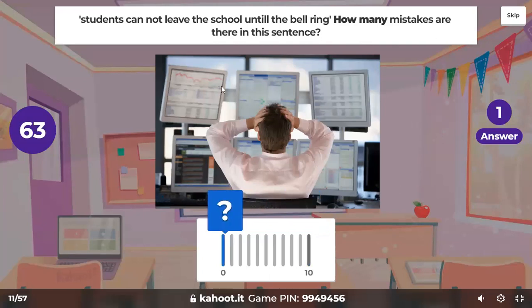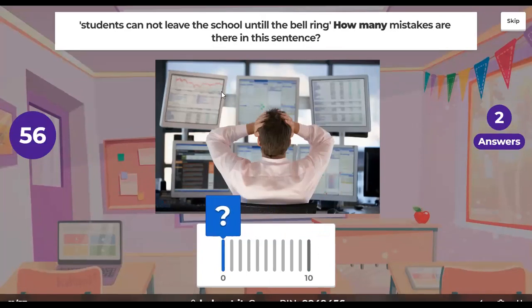I will have to mute you guys because you're making a lot of noise. You need to count the mistakes, guys. Read the sentence carefully.